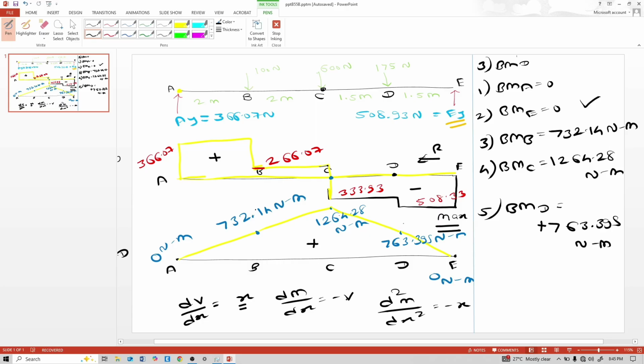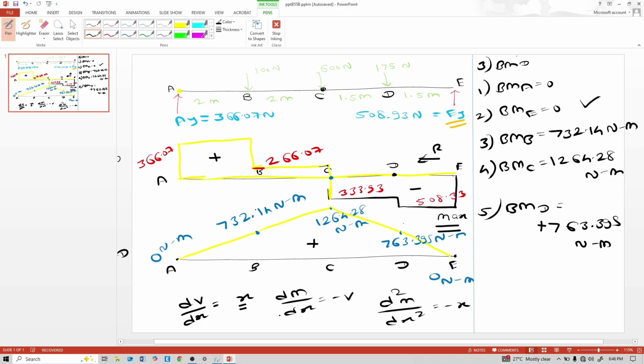See this shear: V constant, dM by dx constant, V linear, dM by dx linear, but this M is inclined.